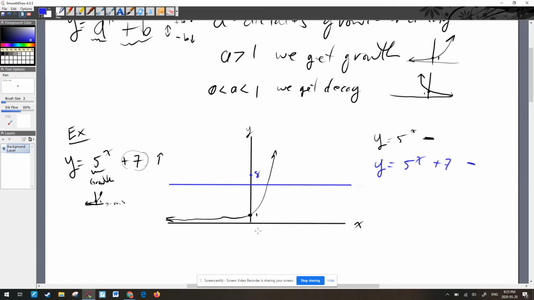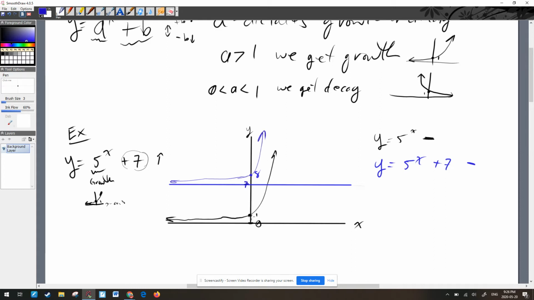It used to get asymptotic down here to 0, right? This is an x value of 0 right here. So if we go up, this is now at a y value of 7, and it gets asymptotic to that line. That line isn't really there, it's just to show you what's going on. But this gets asymptotic to 7, and it grows at the exact same rate.